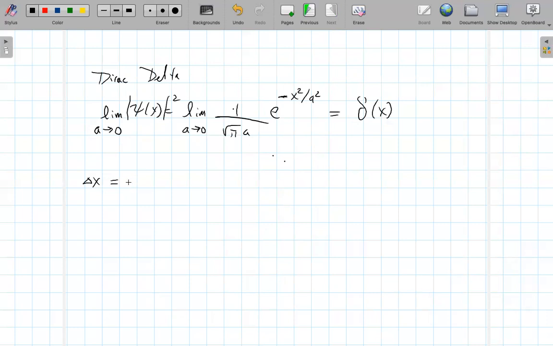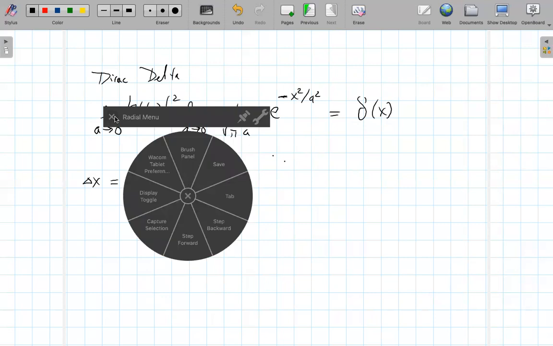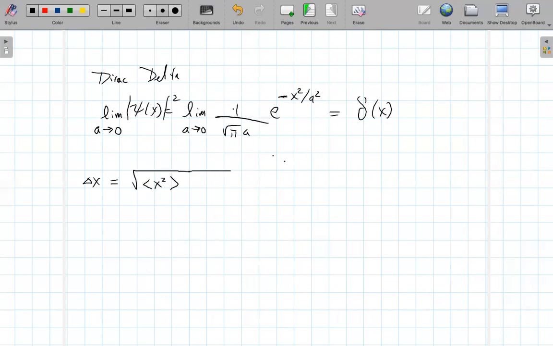Remember the uncertainty in delta x is equal to the square root of the expectation value of the position squared minus the square of the expectation value of the position. So this is our delta x.